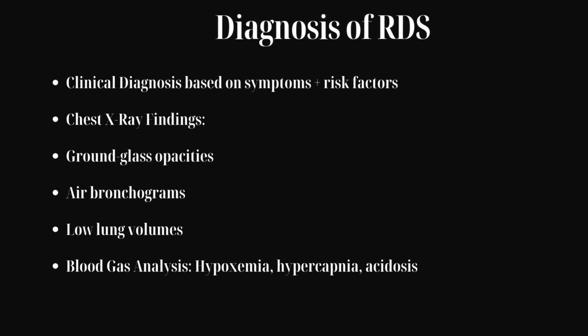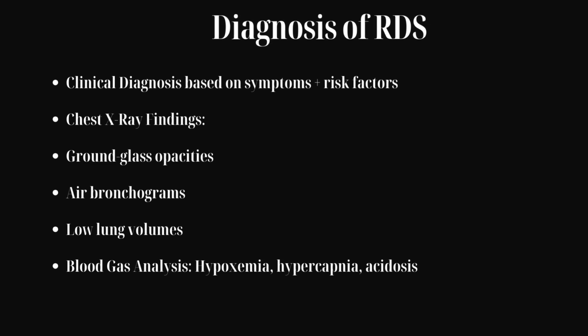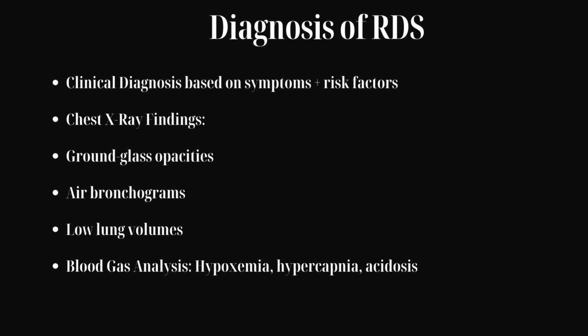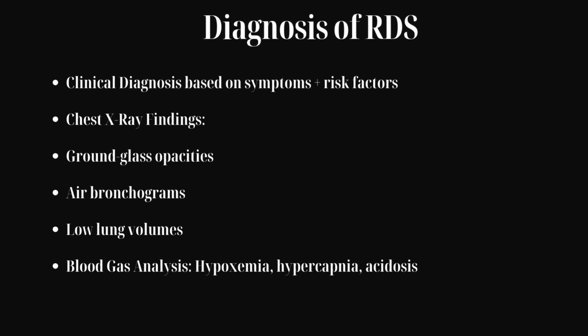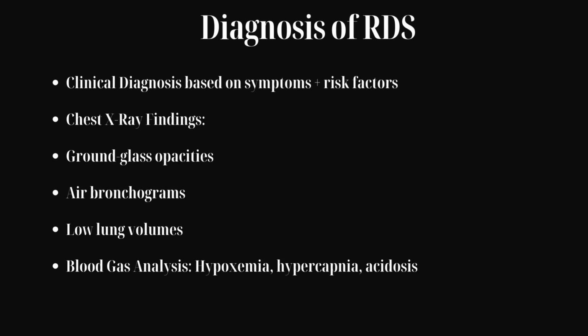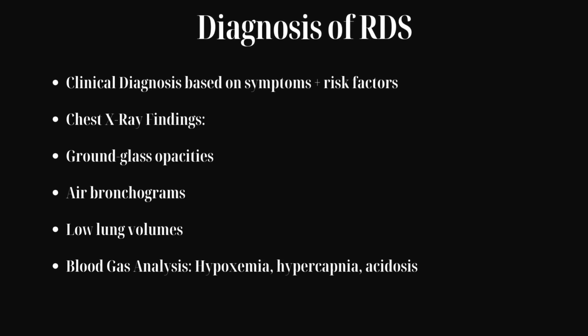Blood gas analysis shows hypoxemia, hypercapnia, and respiratory acidosis. The antenatal history is important, like prematurity and lack of antenatal steroids, which are key clues to diagnose respiratory distress syndrome.